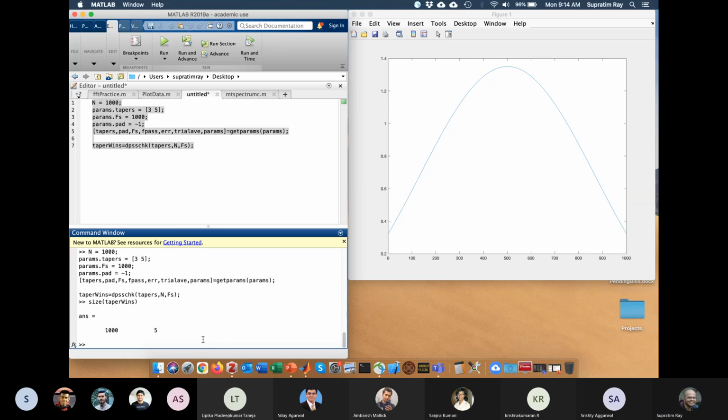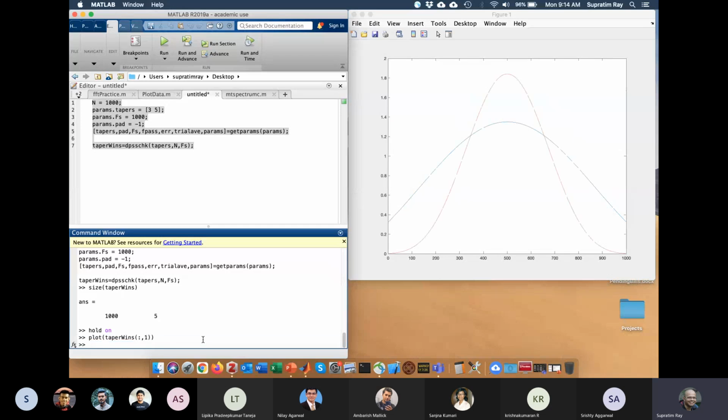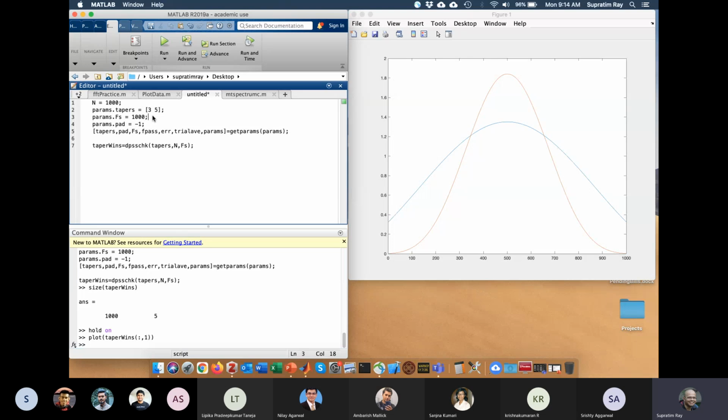So if I run and plot the first taper again like this, now you can see that if I choose this TW equal to 3, the taper is much narrower in time, right? And because it is narrower in time, it's going to be wider in frequency.